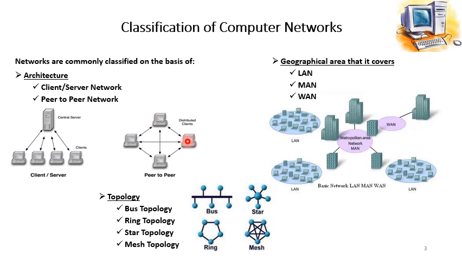Every client can send or receive data from any other computer or any other device connected in the network. For example, if we are having a Bluetooth network with our friends' mobiles, that will be a peer to peer network, because we can send and receive the data from both sides.